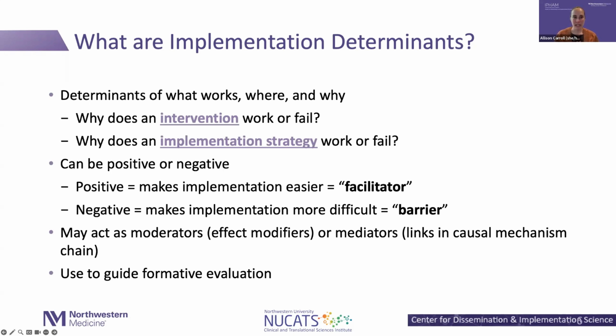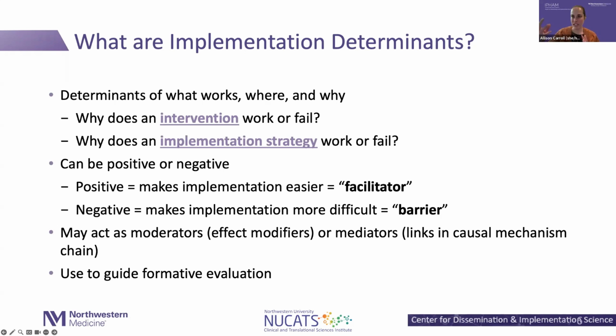One thing that was really helpful for me when I was learning about this is thinking about what a determinant is. We use the term social determinants of health all the time. For example, socioeconomic status: folks with high socioeconomic status are more determined to have better health outcomes.